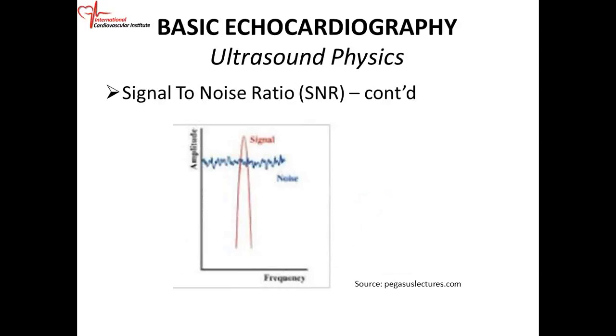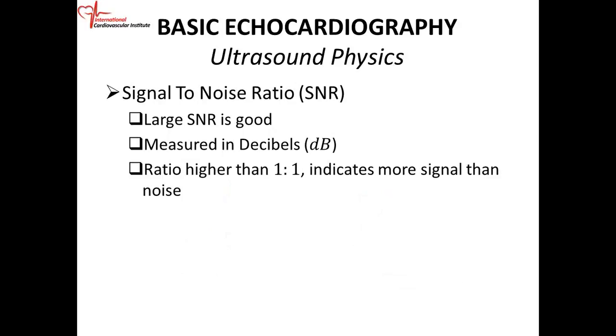So a large signal to noise ratio is good because you have more signal than noise. It's usually measured in decibels. A ratio greater than 1:1 indicates more signal than noise, because it's signal on top, noise at the bottom. So a ratio greater than 1:1 is desirable.